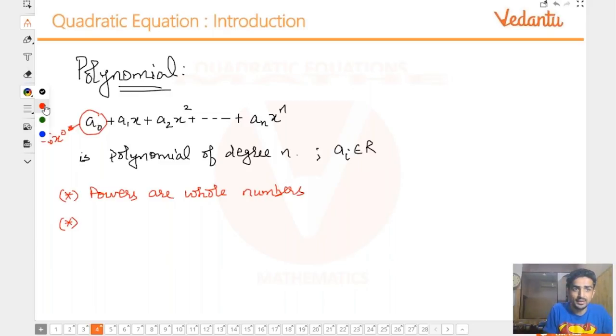And the second criteria, which is even more important sometimes: there must be one highest power. Now, what do we mean by that?